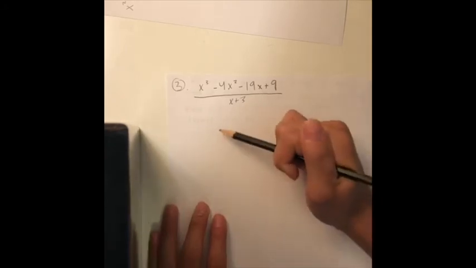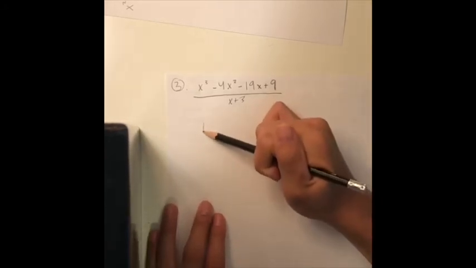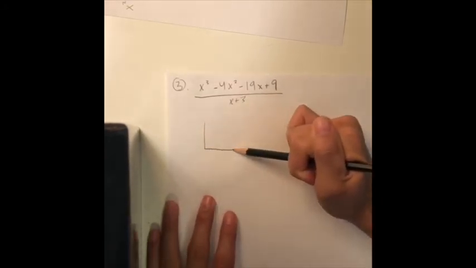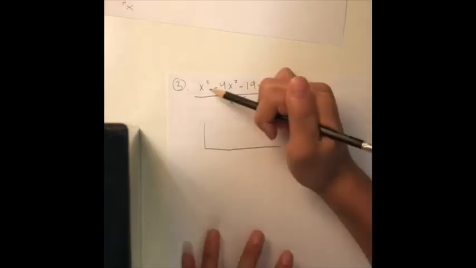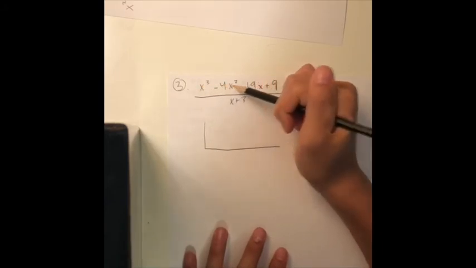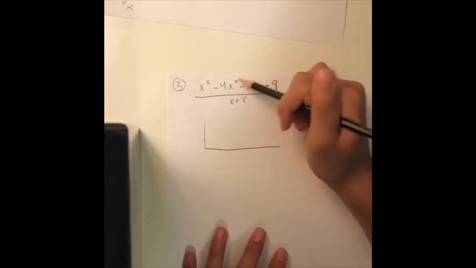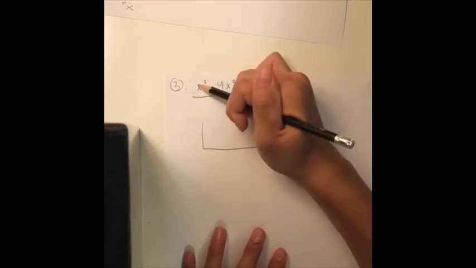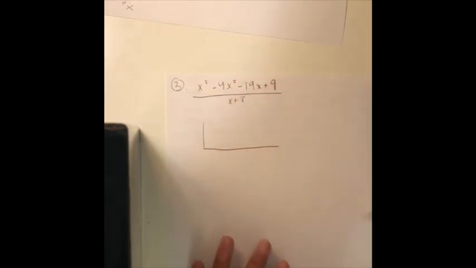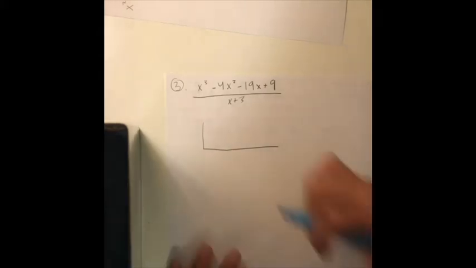So first we gotta make our boat. Oh, and feel free to pause and do it yourself if you want, and you can check with my answers at the end. Then we're going to want to write each coefficient of the numerator's terms in the top row of the boat. So we're going to start with the x cubed. The coefficient is 1, so we're going to write 1.